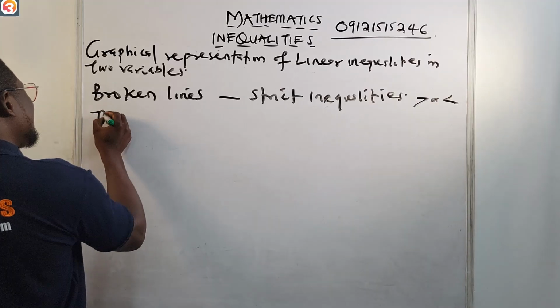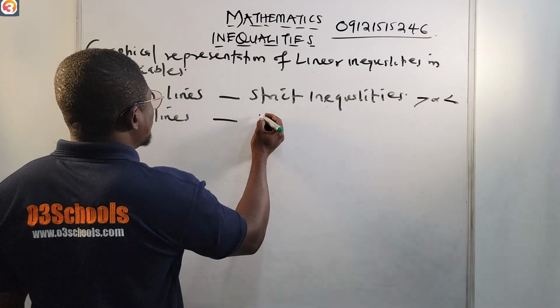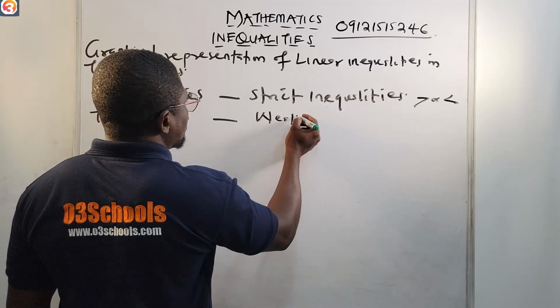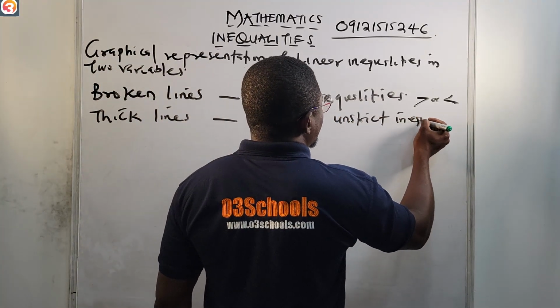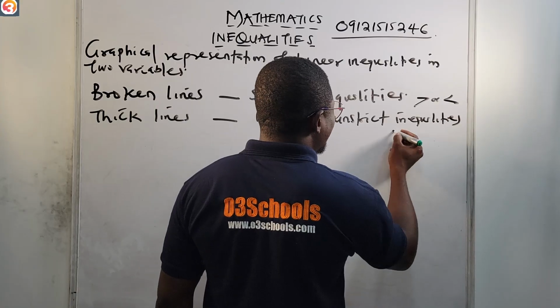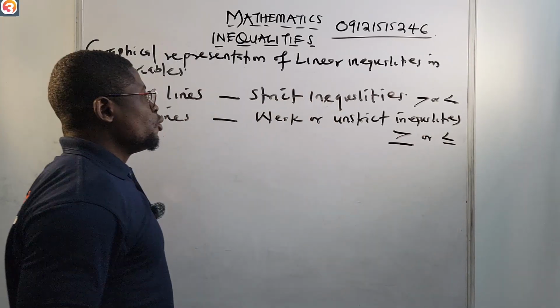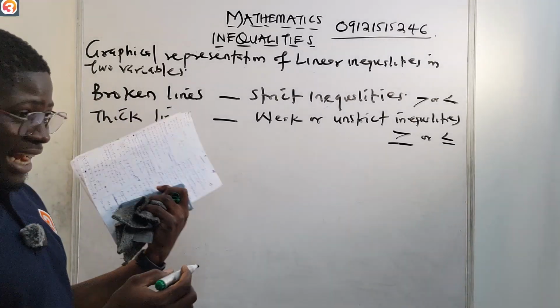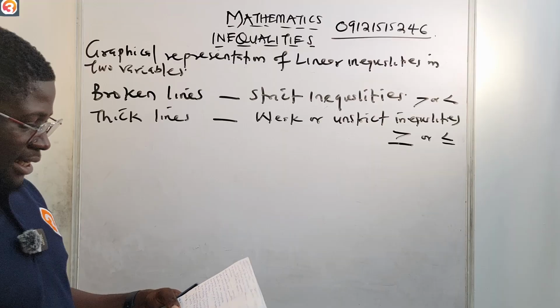We use thick lines to represent weak or non-strict inequalities. That is, if it's greater than or equal to, or less than or equal to, we use thick lines to represent that inequality.